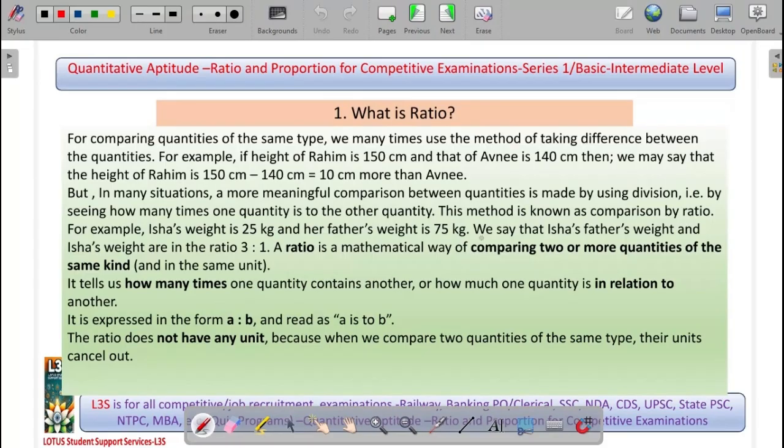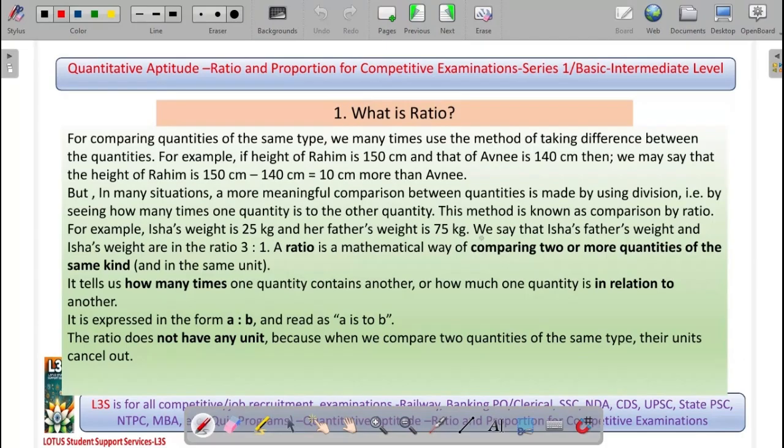Using division, if Isha's weight is 25 kg and her father's is 75 kg, their weights are in the ratio 3:1. That means her father is 3 times heavier than Isha. Ratio helps us to see how many times one quantity contains another.